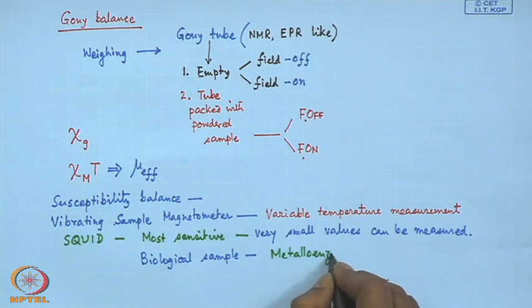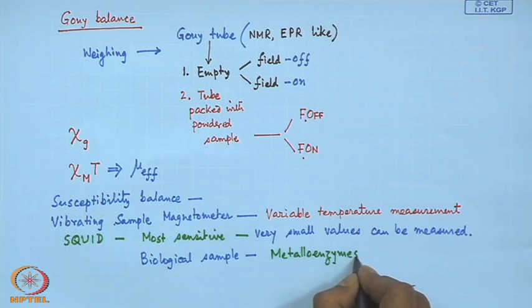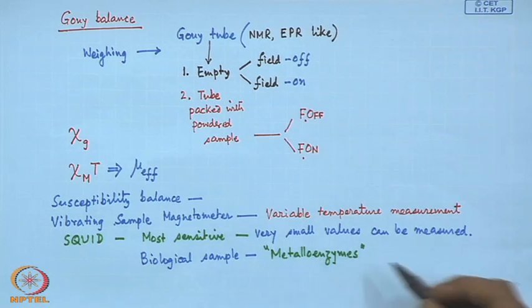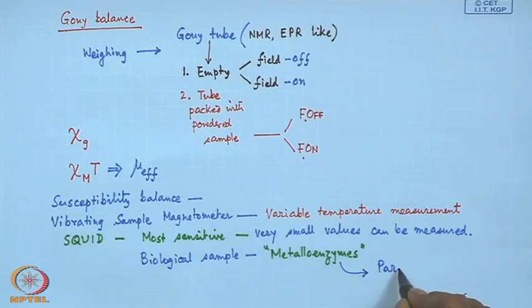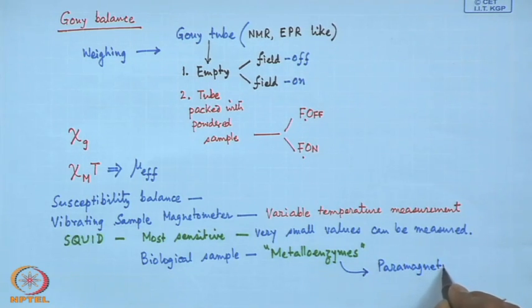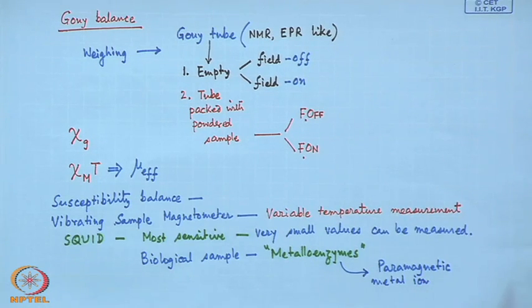Certain of these metalloenzymes can have a paramagnetic metal ion at the center, and that can show its corresponding magnetism.